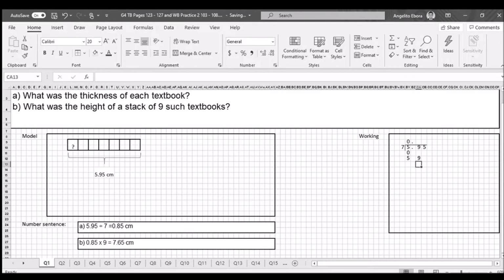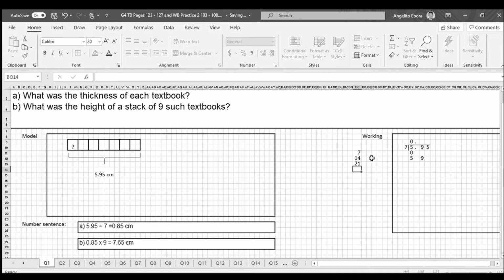So 59 divided by 7 is, again, if you know the multiples, it's easier. So I will write here for your guide: 7, 14, 21, 28, 35, 42, 49, 56, 63, 70.